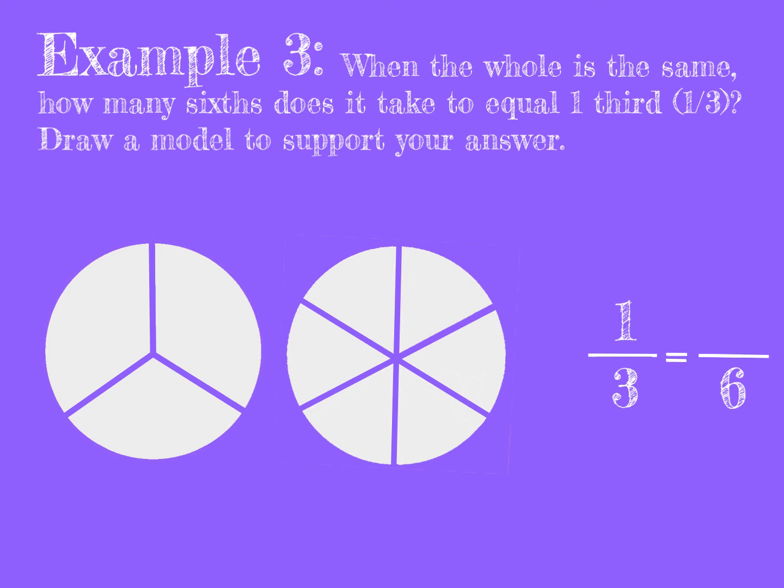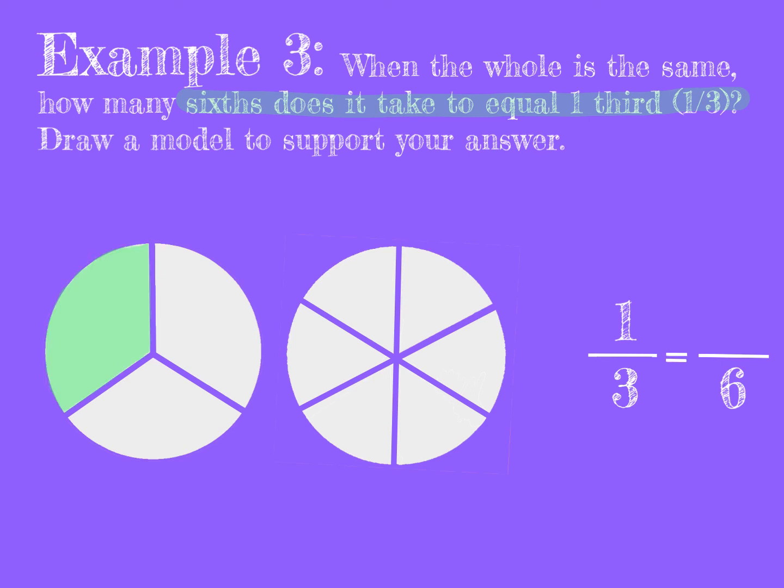Our next example is example 3. When the whole is the same, how many sixths does it take to equal 1/3? Draw a model to support your answer. First, we're going to take the whole that is split into 3 equal parts and shade in 1 part.